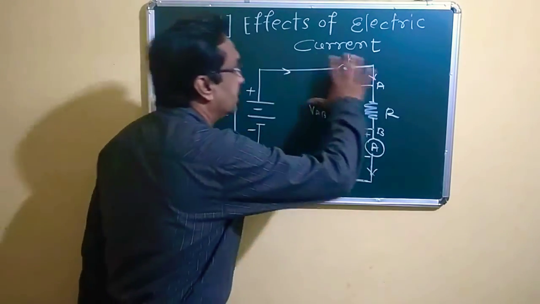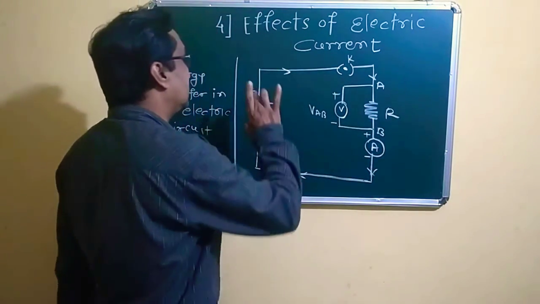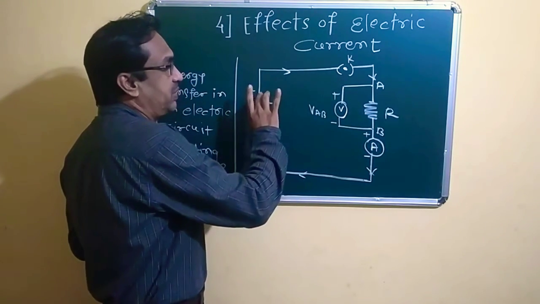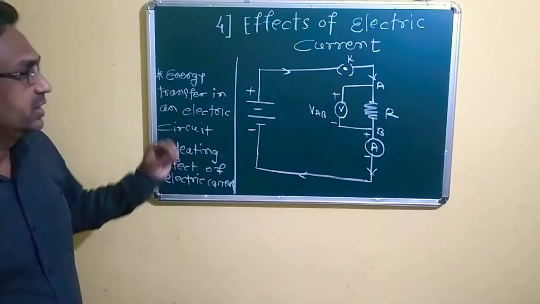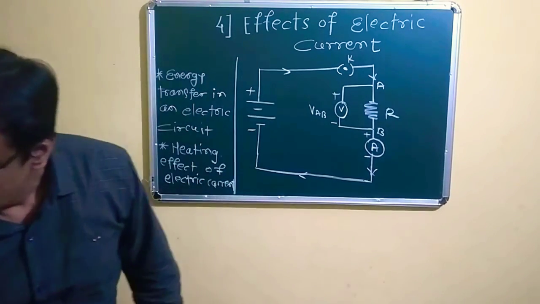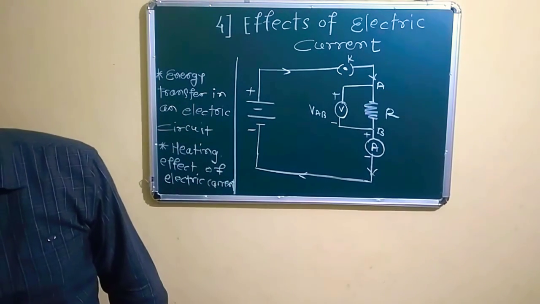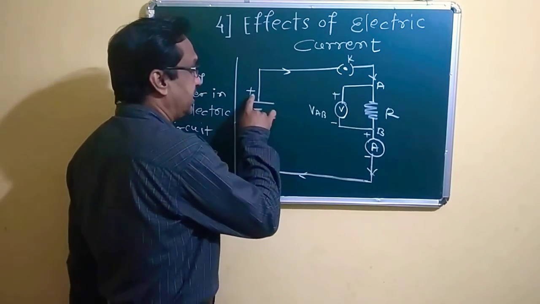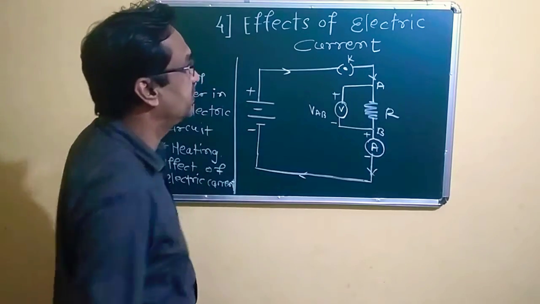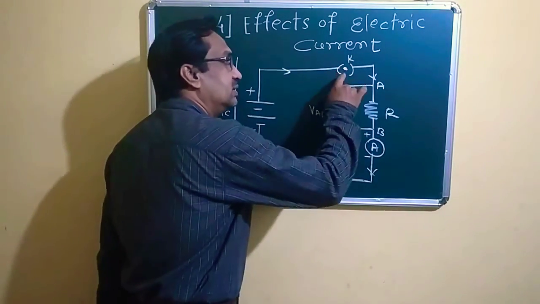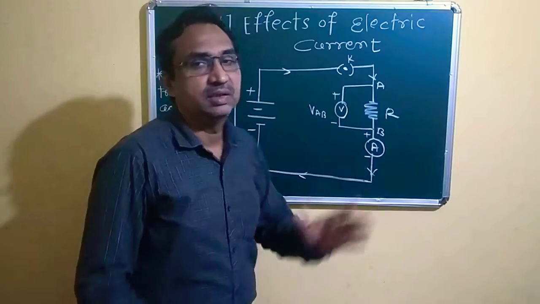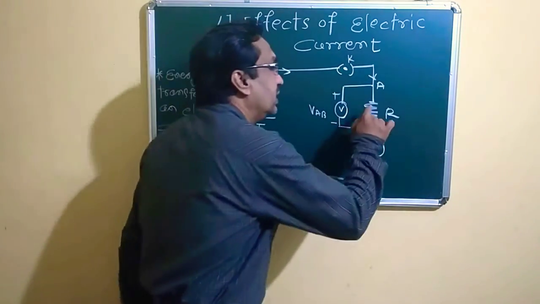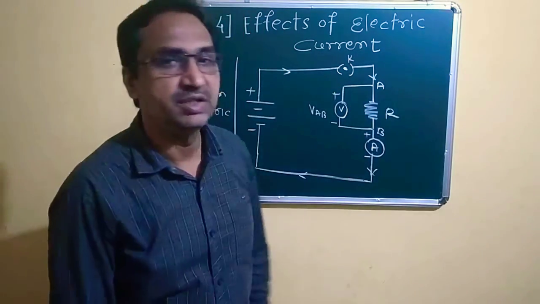The material used here is a cell. That is the positive terminal, that is the negative terminal, and this is a key which can close or open the electric circuit. After that, here is a resistor.